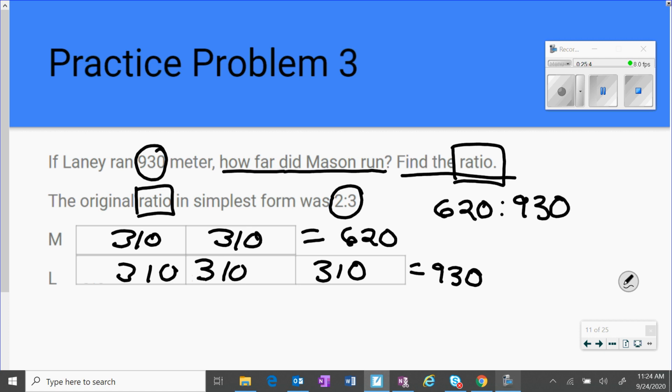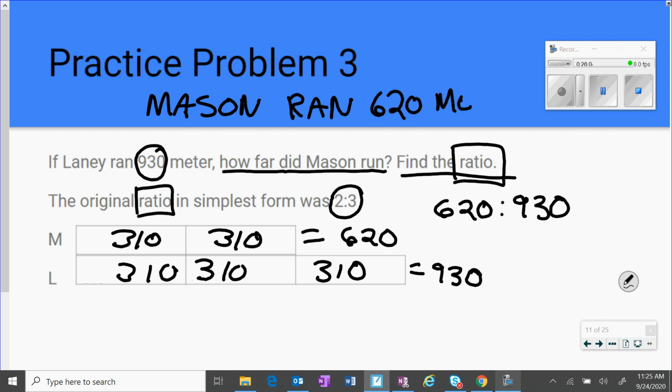Now, the last part of the problem is, how far did Mason run? Okay, so we have to write it out. And that's how you've answered the entire problem.